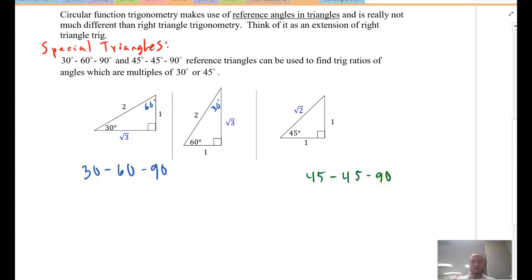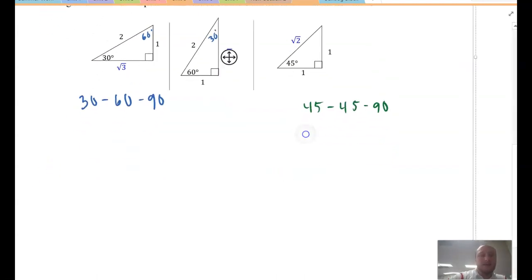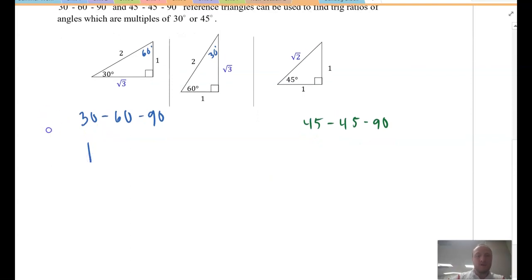Now these special triangles always have the same side length ratio. So in a 30, 60, 90 triangle, the side lengths are going to be 1, which corresponds to 30. It's the smallest angle, so it gets the smallest side. Then we have 60, that's root 3, and then 90 is 2. So 30, 60, 90s have 1, root 3, and 2, with the square root of 3 being in the middle. 90 gets the biggest side, that's 2.